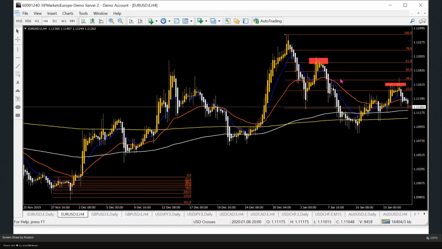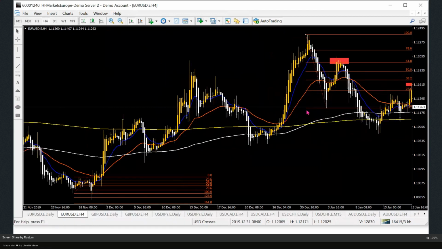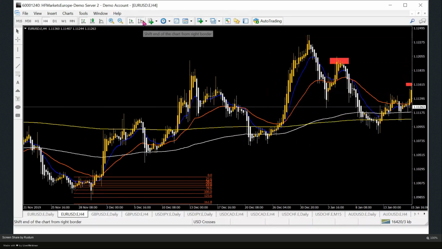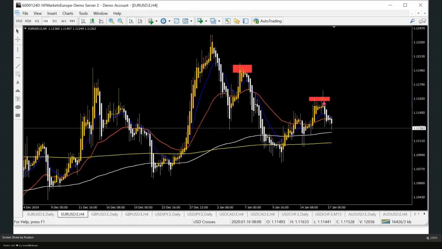It's made its retracement to the 61.8 and it's come down. So I'm identifying a zone here. For this trade, I've identified that now as a zone because of the 61.8 here.